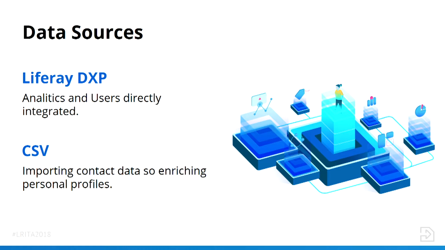Well, maybe CSV files are nothing new, but we'll see that with CSV files, you can enrich your customer profiles very easily, and in the end, you can have this kind of single customer view in your system, okay?